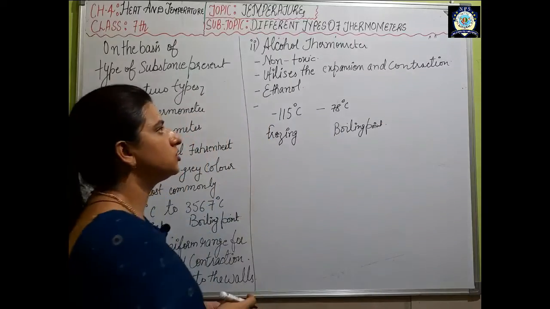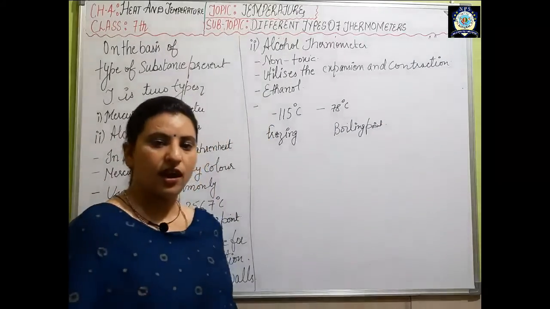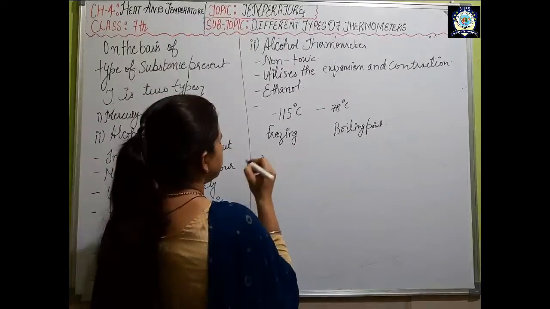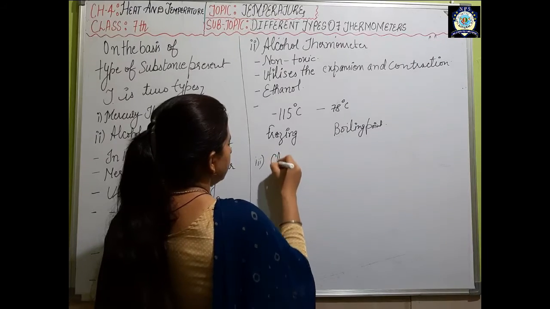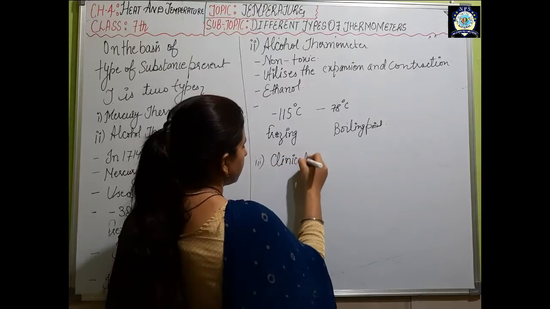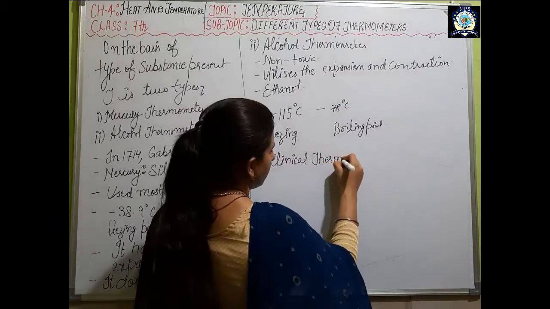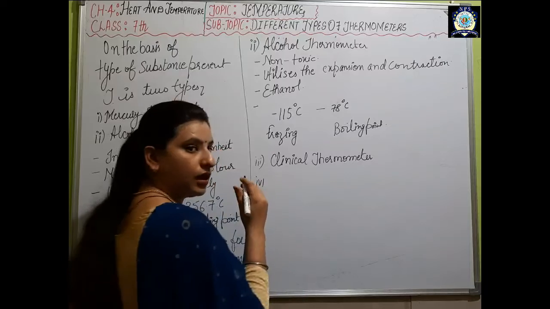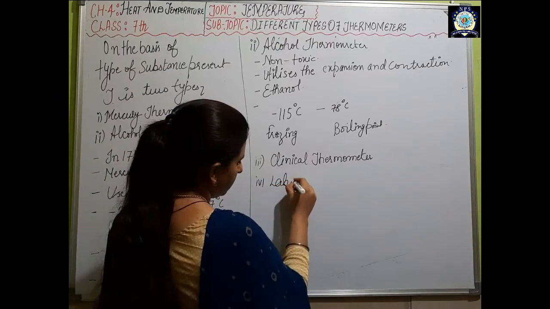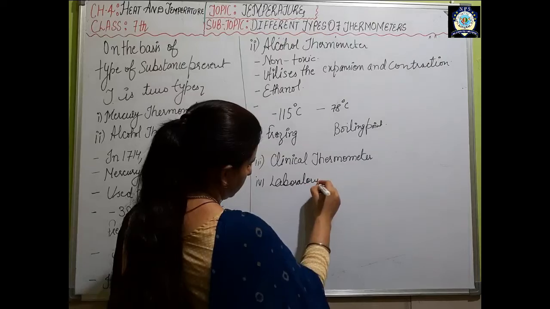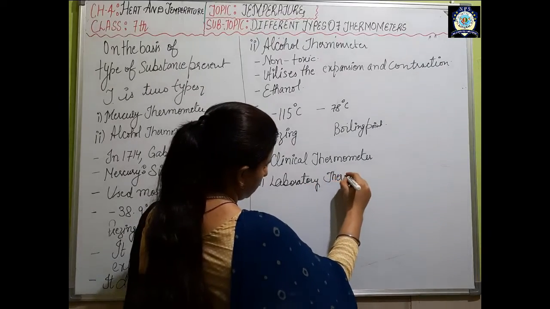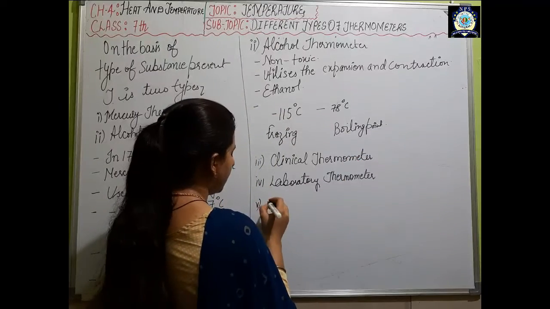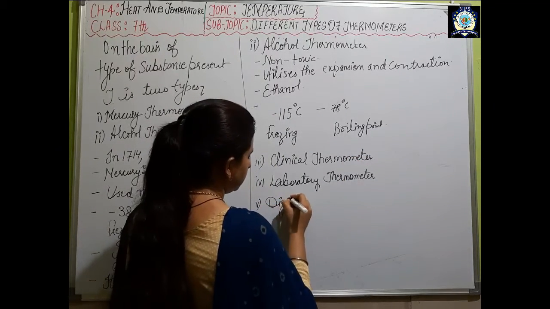So this is all about the alcohol thermometer, and 3 more thermometers are there: the clinical thermometer, then the laboratory thermometer, and the last one is the digital thermometer.